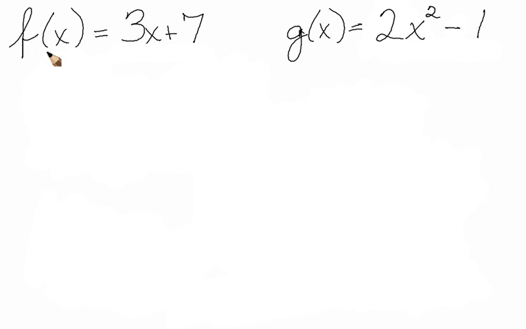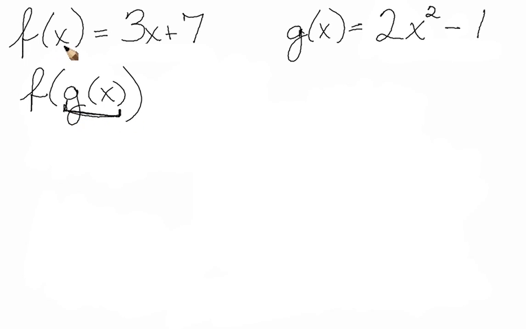So functions have the ability to plug in some kind of input. Usually we plug in an x, maybe something like negative 3 or whatever, but we can actually plug one function in to another function. So in place of x, we're going to plug in g of x. Okay? So instead of plugging in x, we're going to plug in g of x into f.